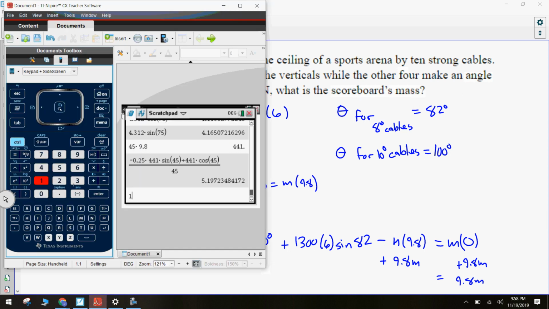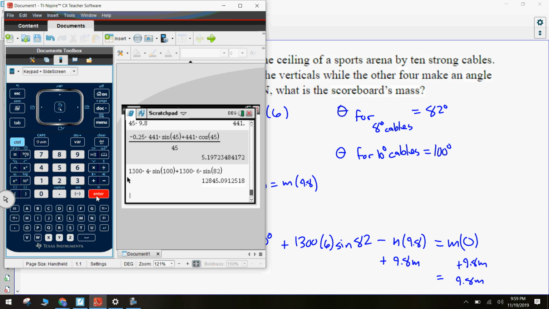So 1,300 times 4 sine 100, close the parentheses, plus 1,300 times 6 sine 82. Enter. Oof, 12845.